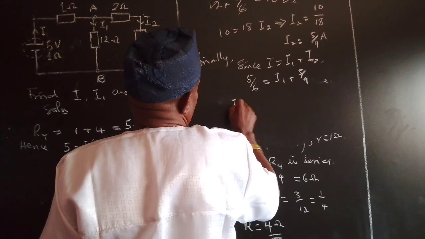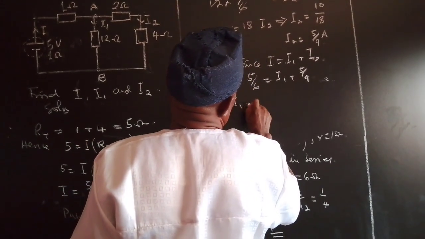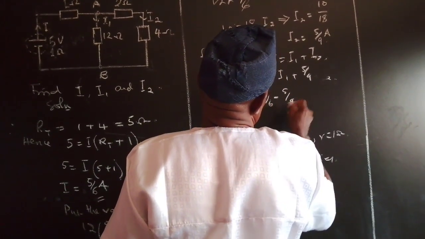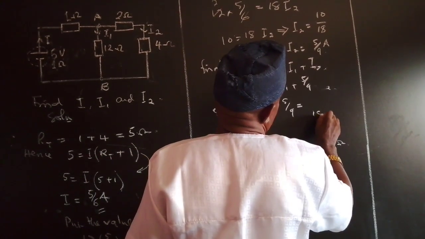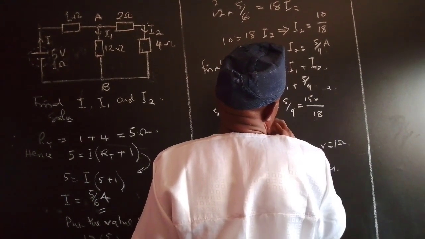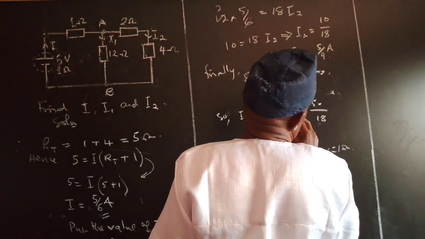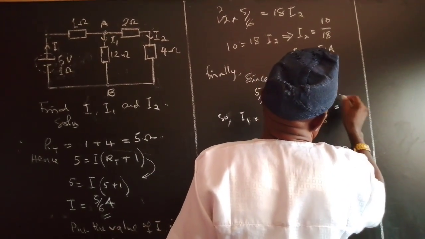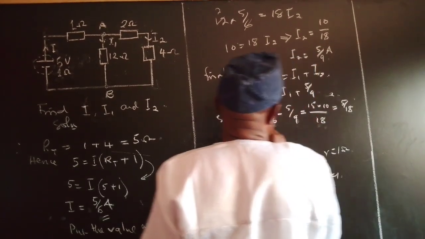So our I1 is equal to 5 over 6 minus 5 over 9. Because if you find the LCM of this, that's going to be 18. So we have 15, 6 into 18 is 3 times 5, that's 15. Then 9 into 18 is 2 times this, that's going to be 10. And if you solve this, you're going to have 5 over 18.